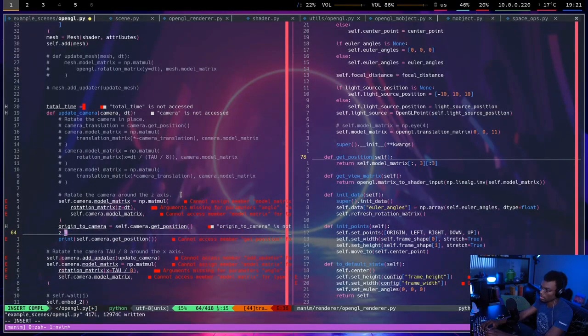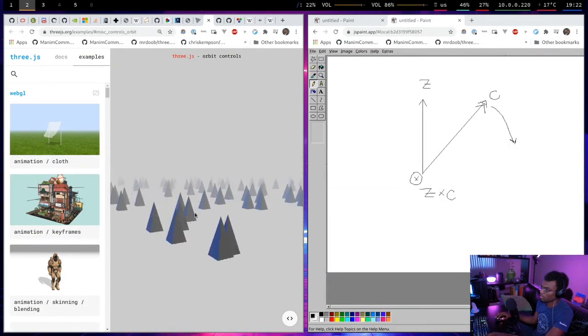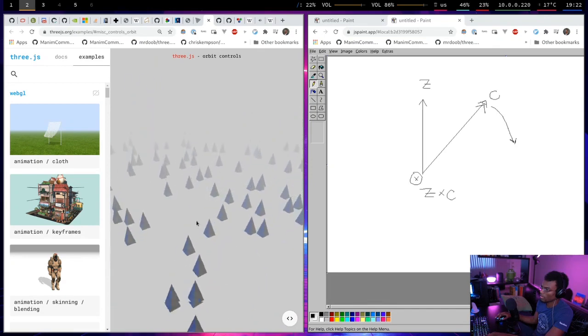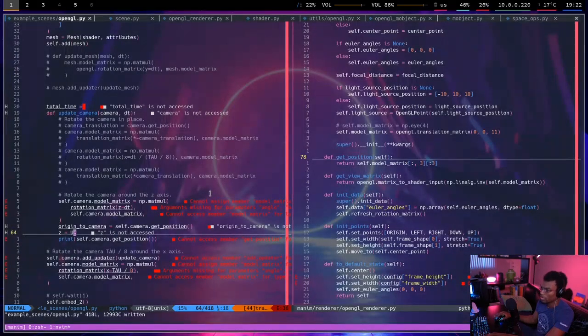And then the Z-axis is just Z. So where am I measuring this angle? I think I should be measuring the angle like this, which makes sense. So to increase the angle off the Z-axis, I'll have to cross those.